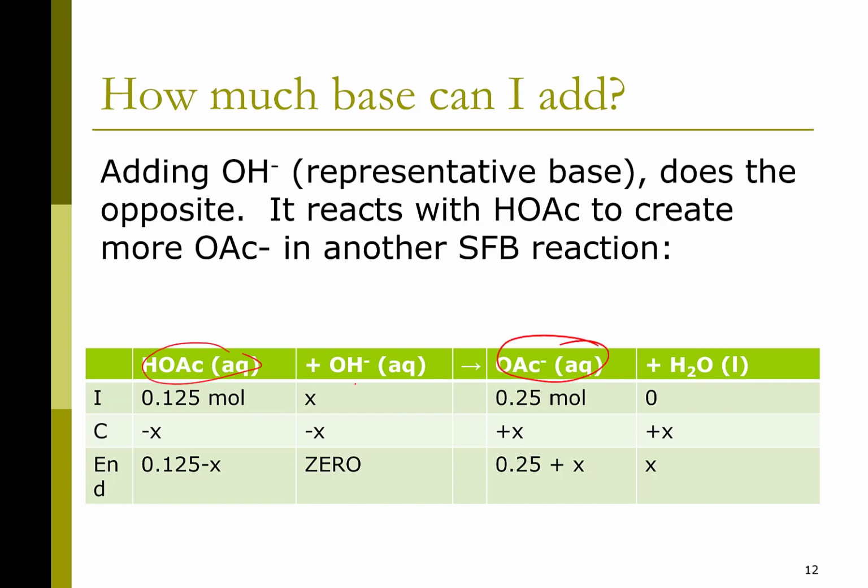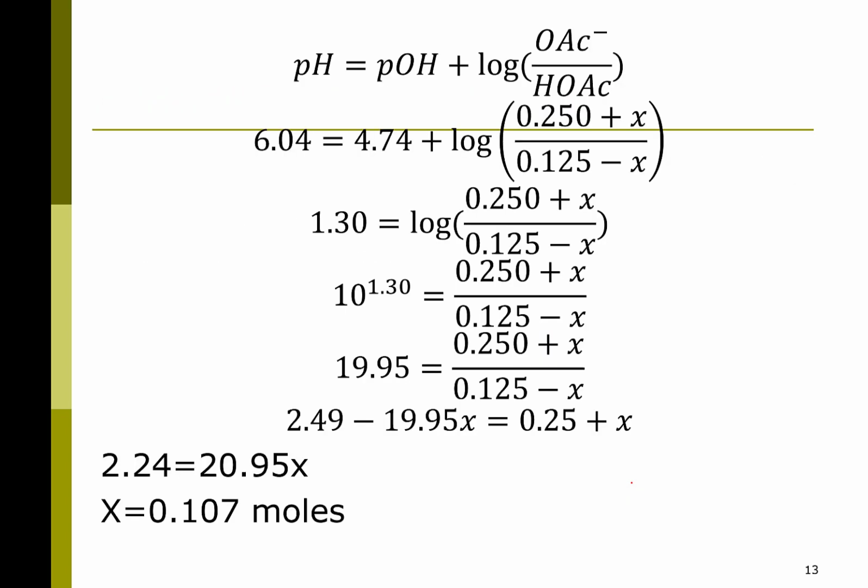And so the base essentially does the opposite of what the acid does. It decreases the amount of the acid in the conjugate acid-base pair, and it increases the amount of the base. And so again, it's changing the initial concentrations in good old Henderson-Hasselbalch.